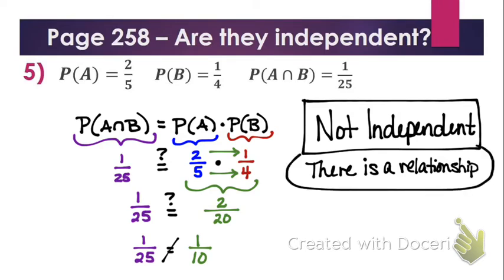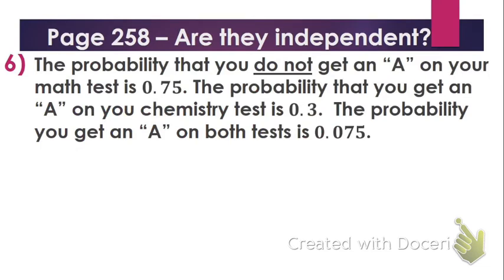Number 6, the wording is a little bit tricky. What are we talking about on number 6? A math test. Anything else? Also a chemistry test. What do they tell us about the math test? The probability is 0.75 that what happens?